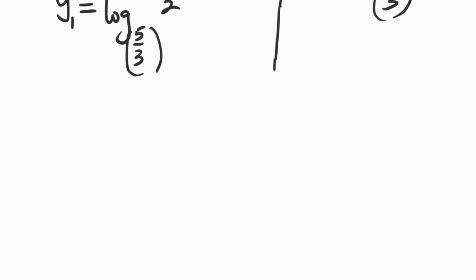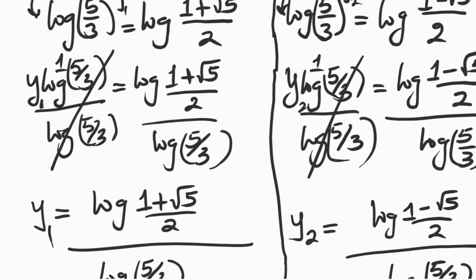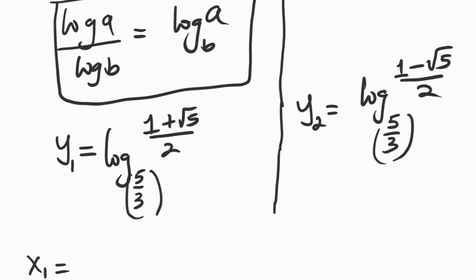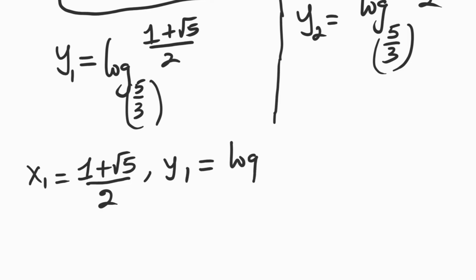So our x1 is equal to 1 plus root 5 divided by 2, and then our y1 is equal to log of 1 plus root 5 divided by 2 base 5/3.